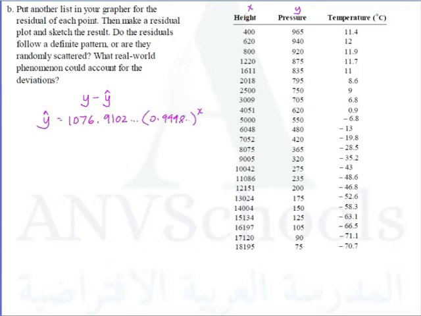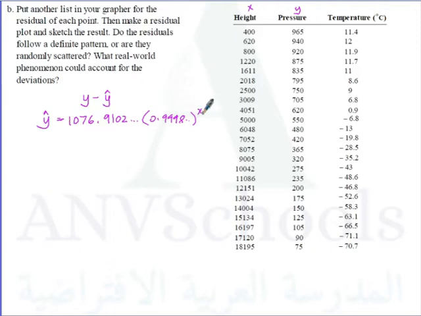And as a recap, this is our y hat, which is found using the regression function in your graphing calculator. So we got this y hat here, and all you need to do is create a table for your pressure, the y, and then your y minus y hat.